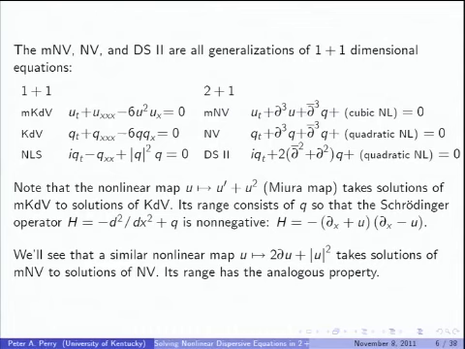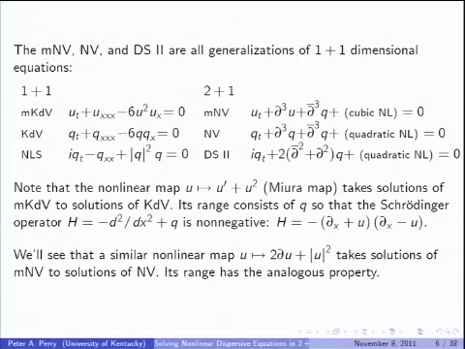It's a simple nonlinear map, and it's not a hard calculation to show that if you take a solution of modified Korteweg-de Vries and apply this nonlinear map to it, you get a solution of KdV. This is an old and very famous nonlinear map that connects these two equations. And the range of this Miura map consists exactly of those Q.